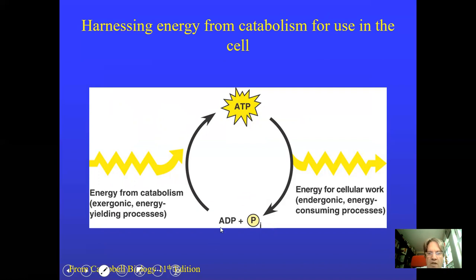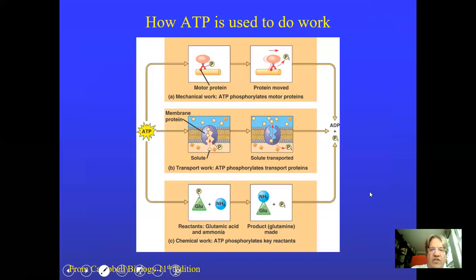Hydrolyzing ATP in the process, and then catabolic reactions continue on to re-phosphorylate ADP with phosphate, and you go around a circle like this. And in the process, you are breaking things down and releasing energy, and then building things or doing work and gaining energy. All right.